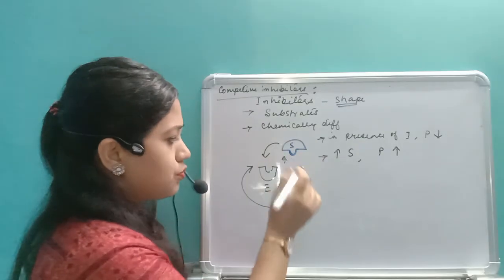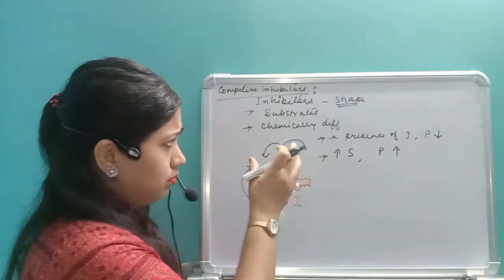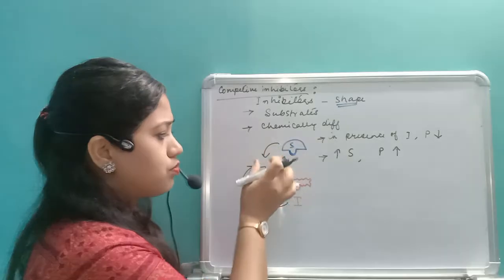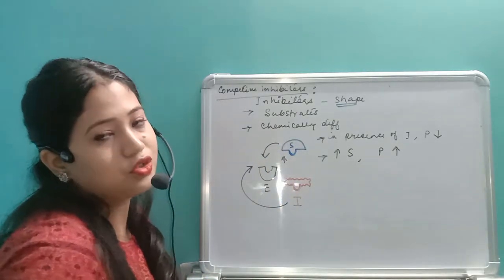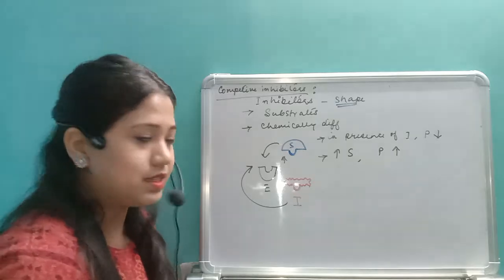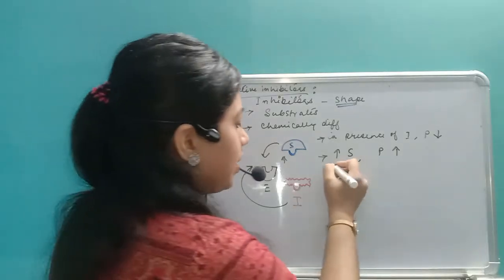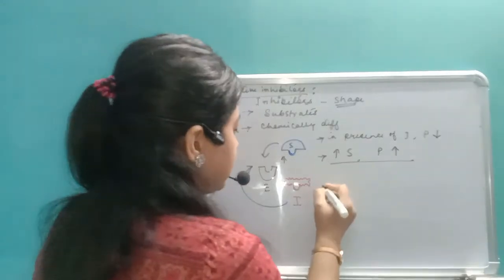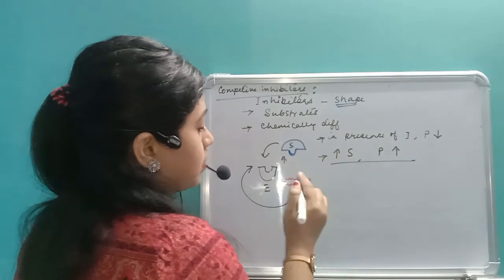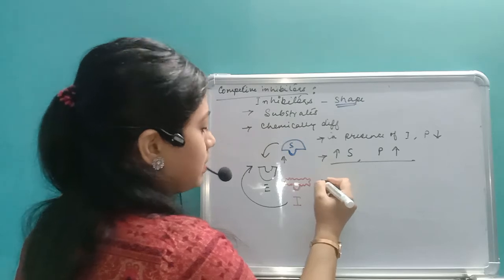If you increase the substrates, then more and more substrates will try to bind with the enzyme, and inhibitors will get less chance to get attached to the enzyme. So yes, whenever we increase the substrate, the activity of the inhibitors can be decreased.